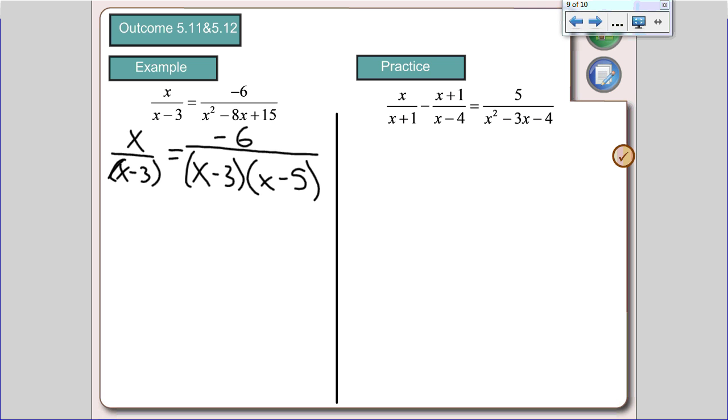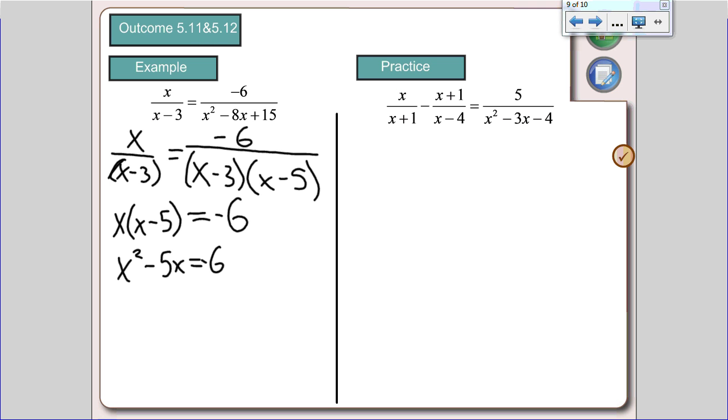The bottoms will all cancel out, and you'll be left with x times x minus 5 is equal to negative 6. FOIL that. X squared minus 5x equals negative 6. Bring that negative 6 over. X squared minus 5x minus 6 equals 0.